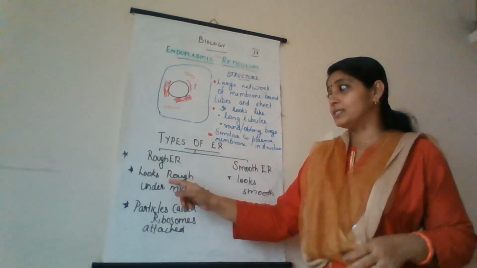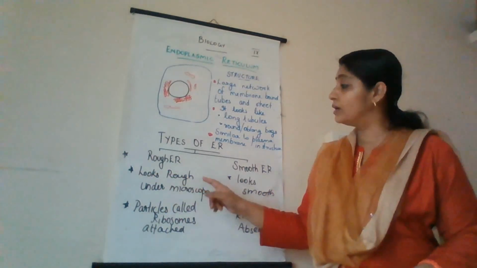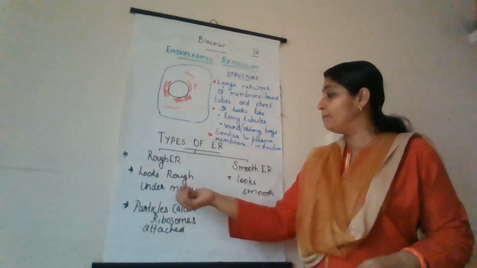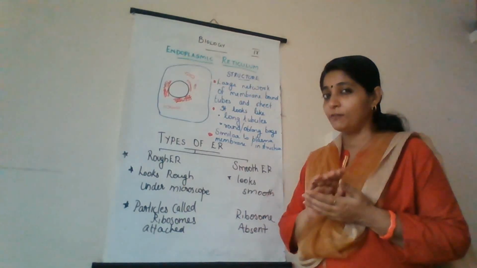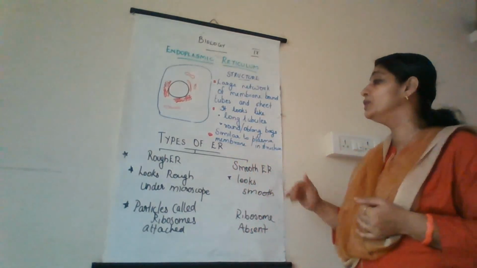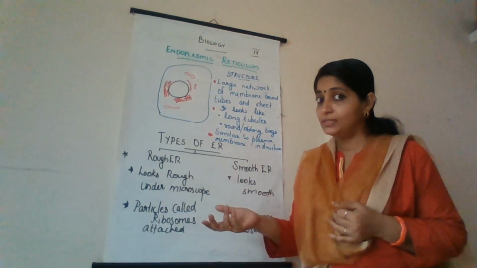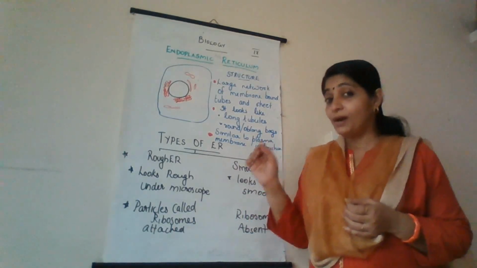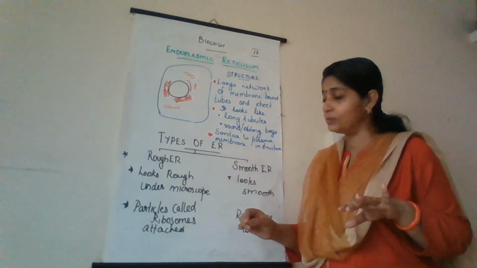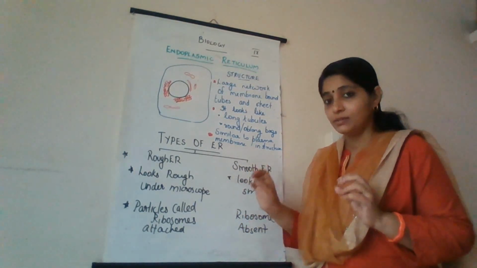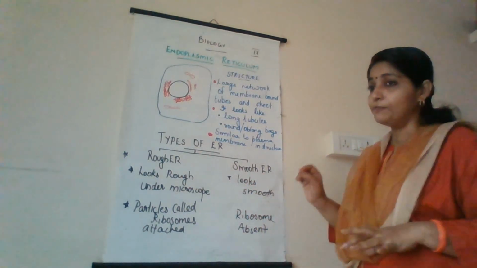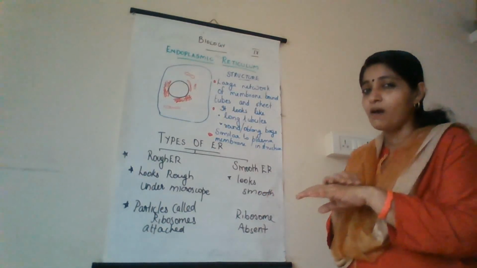Rough endoplasmic reticulum looks rough under the microscope, but smooth endoplasmic reticulum has a smooth appearance. What may be the reason for that? There are certain particles called ribosomes, which we will be studying. These small round spherical bodies are attached to the rough endoplasmic reticulum, giving it a rough appearance.